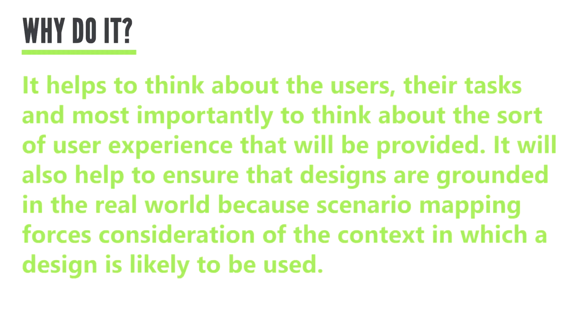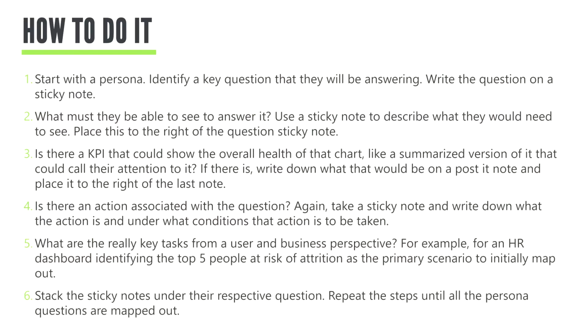We're going to be thinking, first and foremost, what are the most important activities they're going to be doing on the dashboard? And how do we reduce the number of clicks they have to do in order to fulfill those tasks? So you would follow these steps in order to do that.